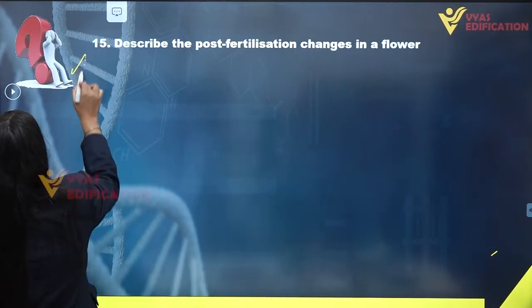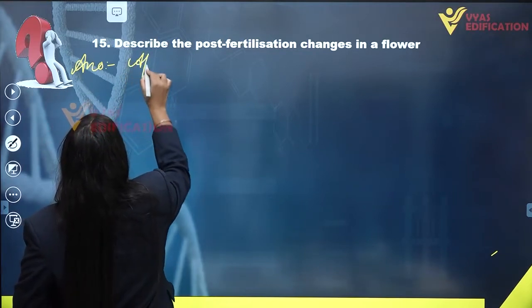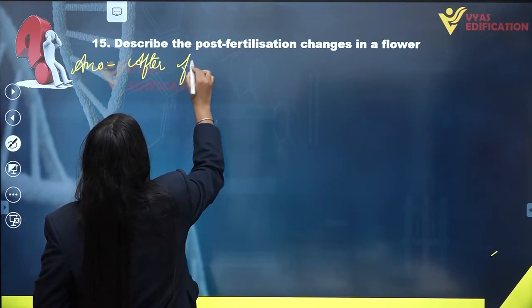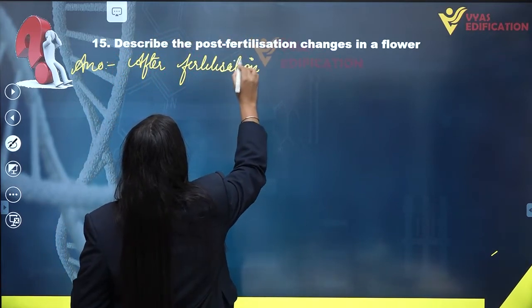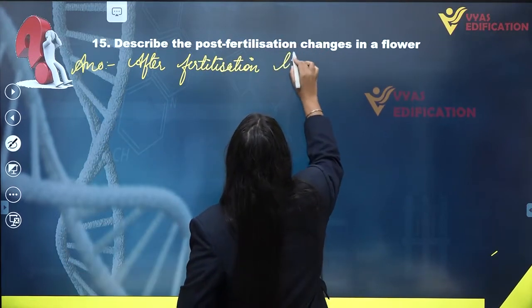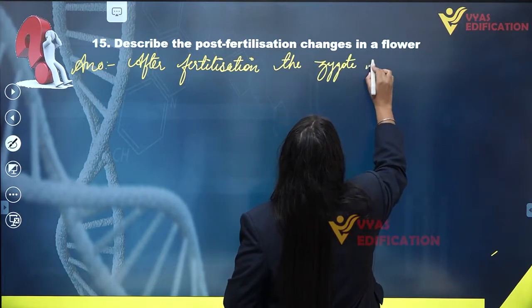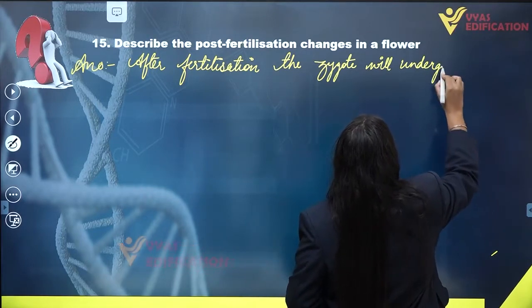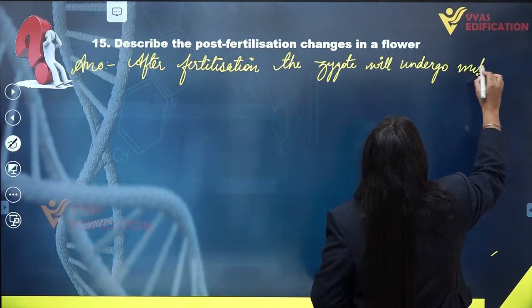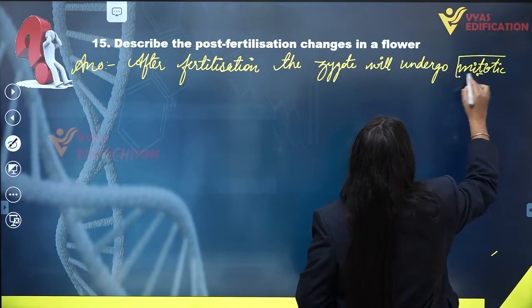So, if we want to write an answer for this question, it will go like this, that first we are going to write that after fertilization, the zygote will undergo mitotic division, not meiotic division, the mitotic division.